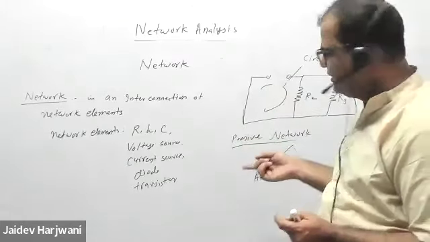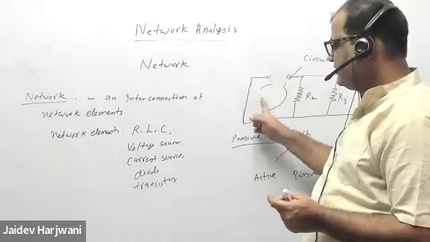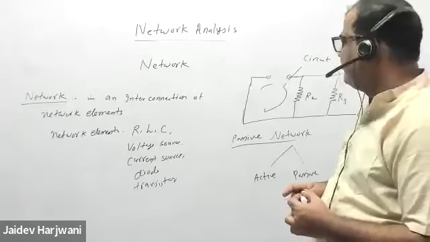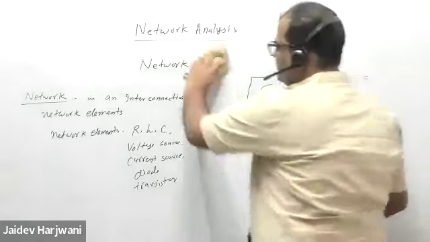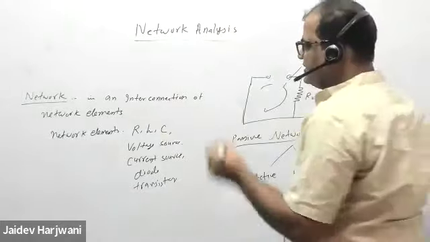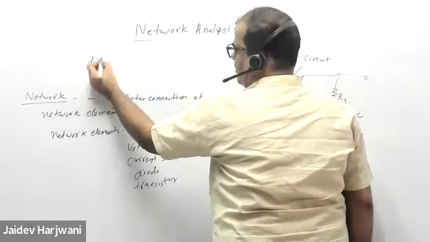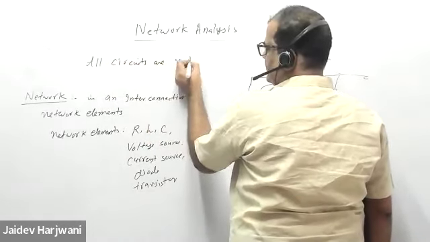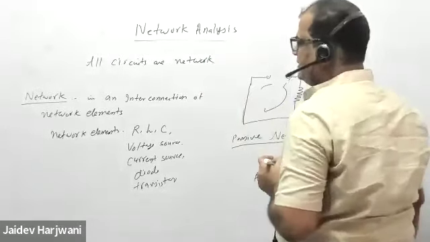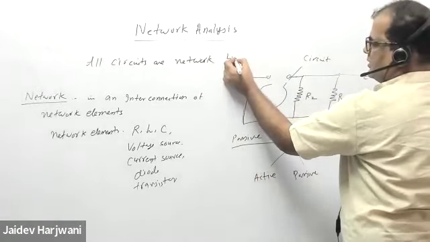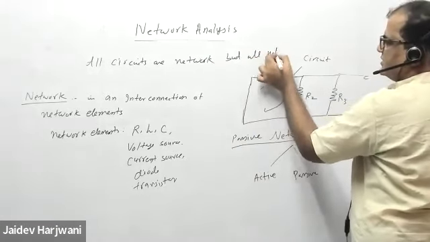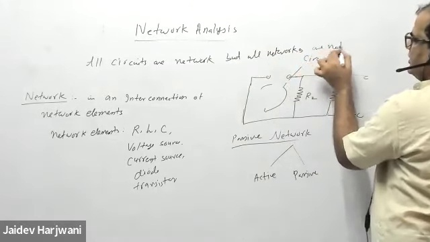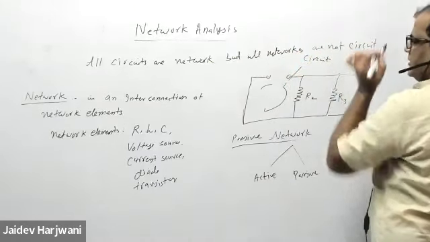But in order to become a circuit, the must requirement is that it should have an energy source, plus it should be closed. So in the final statement, we can summarize that all circuits are networks, but all networks cannot be called circuits.